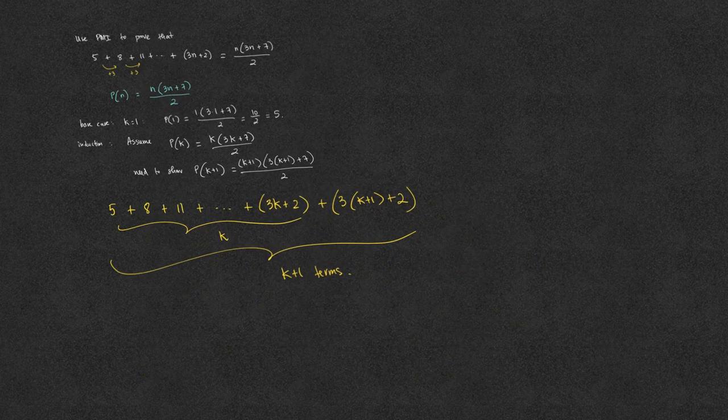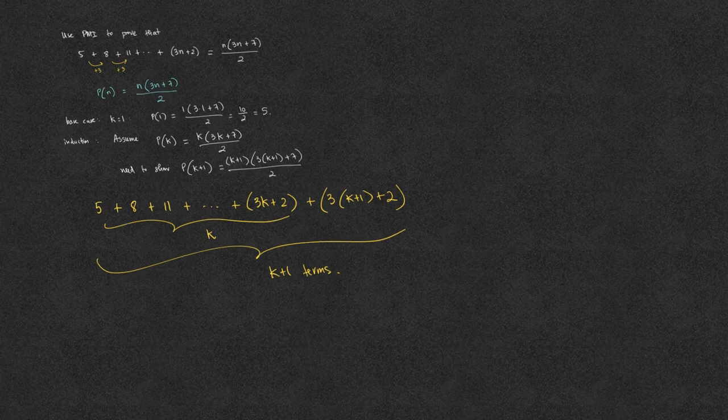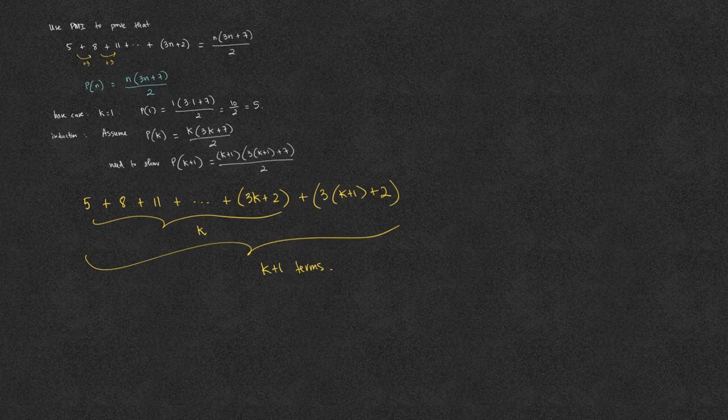Since we assume that the statement is true for k terms, the sum of the first k terms is therefore k times (3k + 7) over 2. And what is left is 3 times (k + 1) inside the parentheses plus 2. And this will be the sum of the first k plus 1 terms.